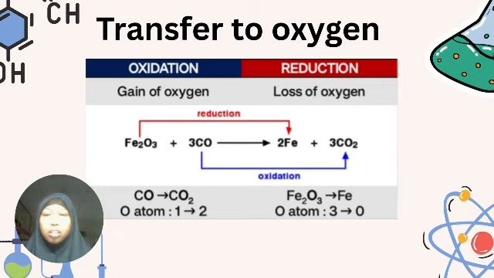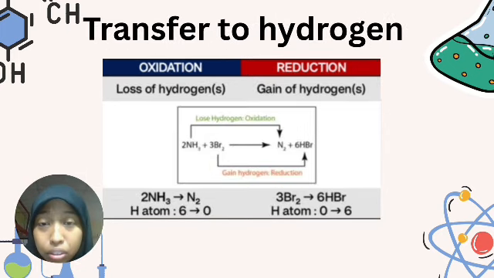As we can see here, the oxidation side gains an oxygen atom, and the reduction side loses 3 oxygen atoms.